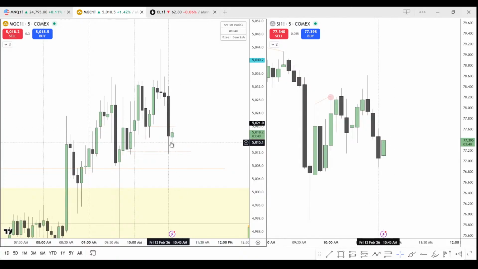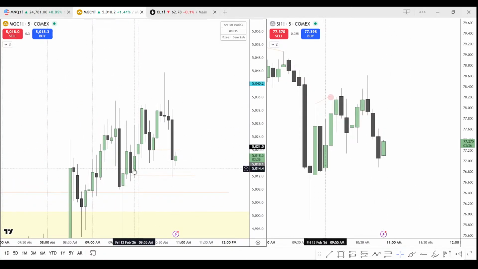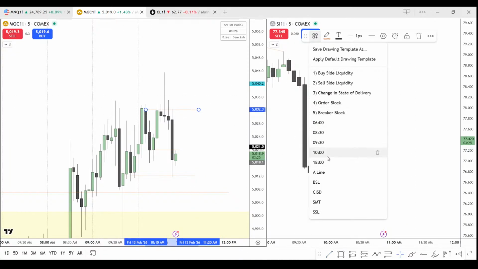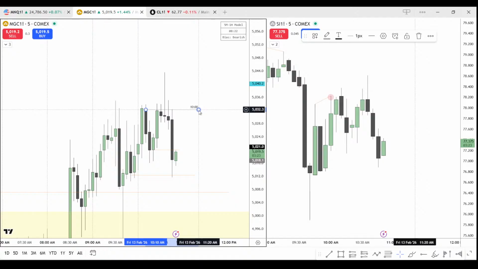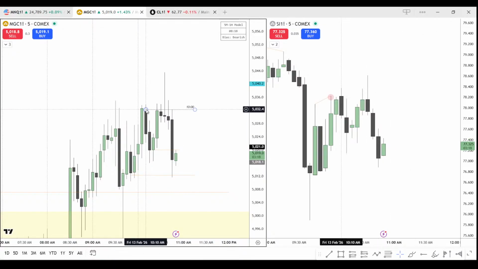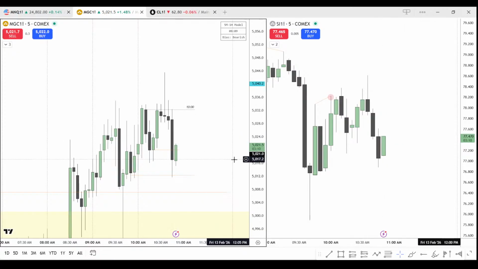We do have a good, we have this 10 a.m. We didn't get a change in the state of delivery here in 5 minutes, and we got this good displacement. But we need a gap.